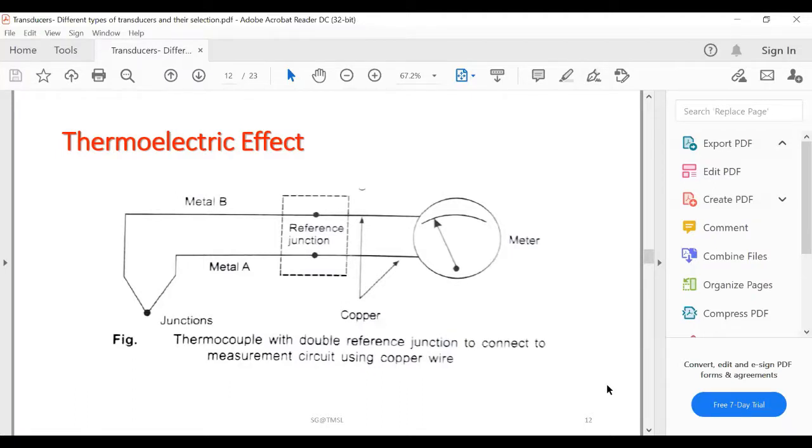Then a voltage proportional to the difference in temperature of the junctions is developed, and the polarity depends on which of the junctions is warmer.